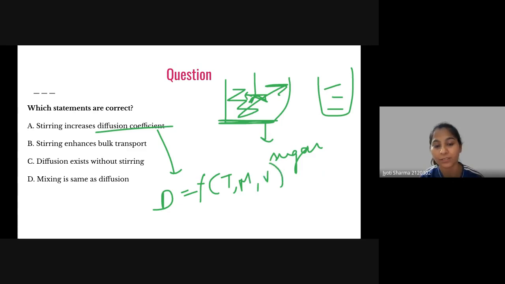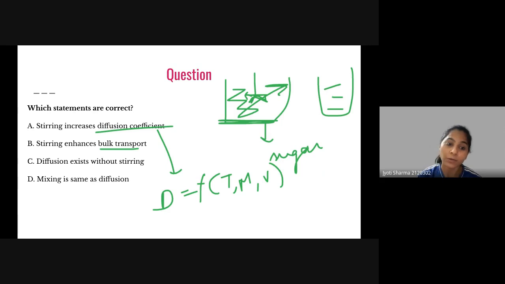We learned about this. In case stirring increases the temperature, then I can say that it will affect my diffusion coefficient. But most of the time we are not keeping this as it is, because the temperature increase due to stirring is a secondary effect, not the primary one. Due to stirring, there is always an increase in velocity. So what I can say is that stirring will increase my bulk transport.